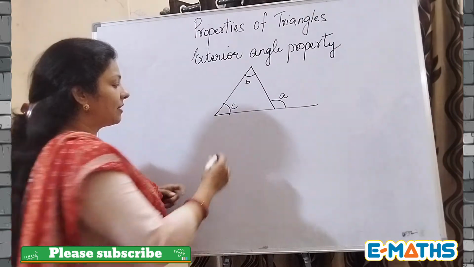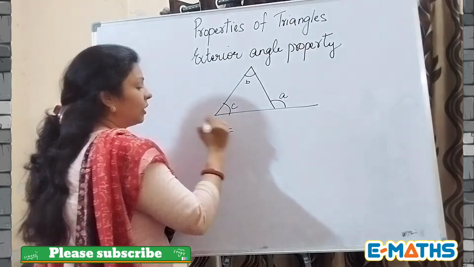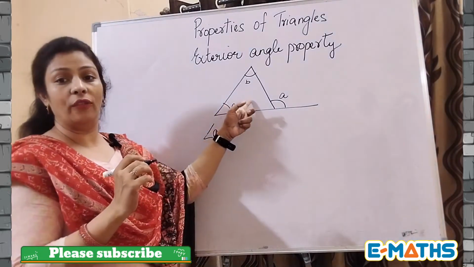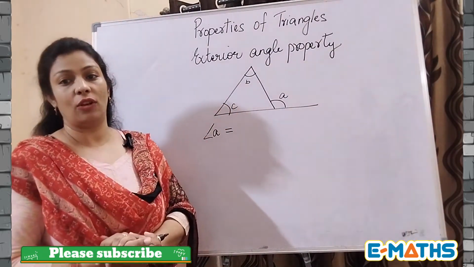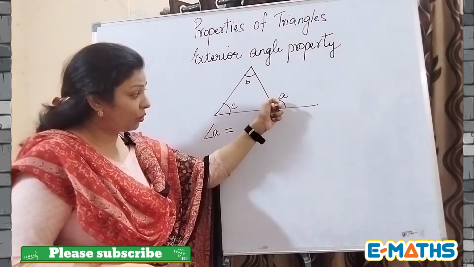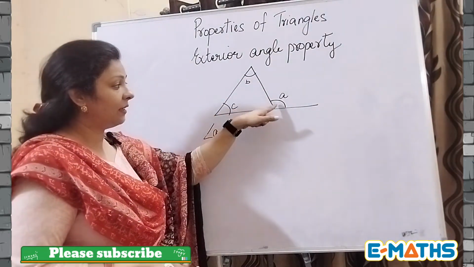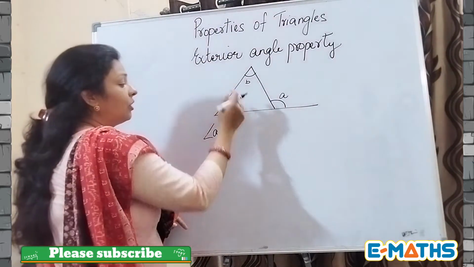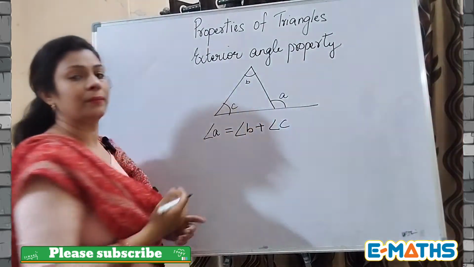Now, this exterior angle A is always equal to the sum of two opposite interior angles of a triangle. So if this one is an exterior angle, then opposite to it we have B and C.